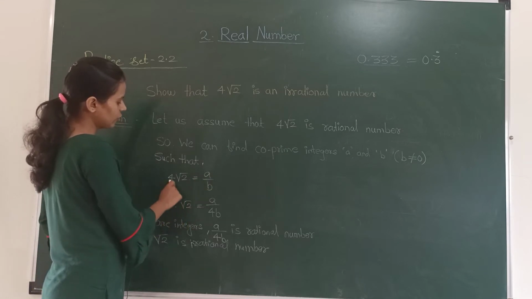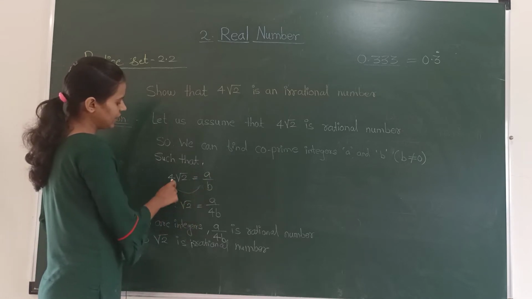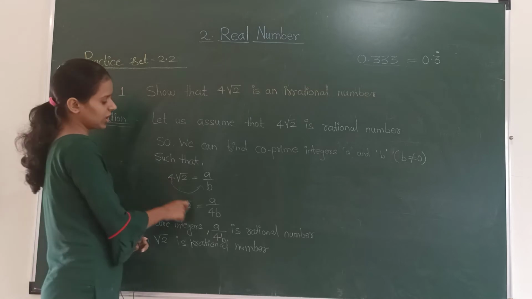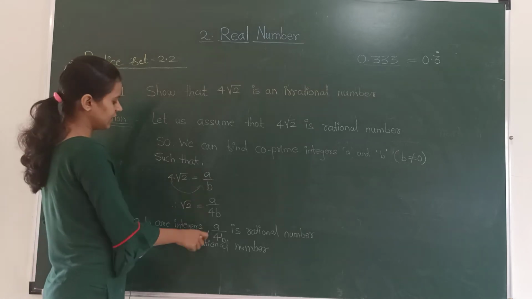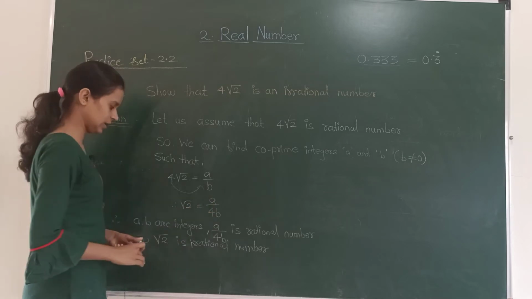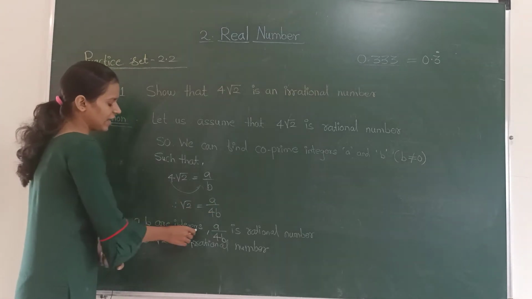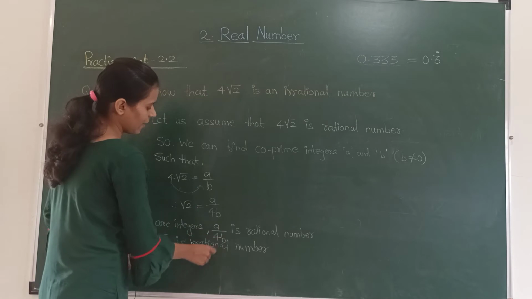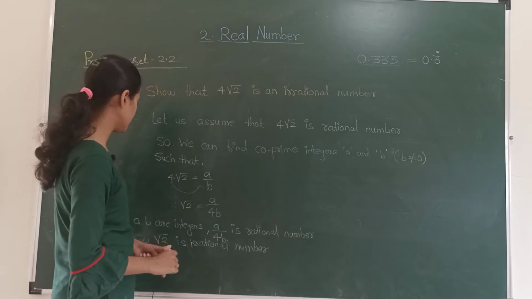So under root of 2: the 4 is multiplied here, so it will go under the denominator. So under root of 2 is equal to a upon 4b, where a and b are integers and a upon 4b is a rational number.